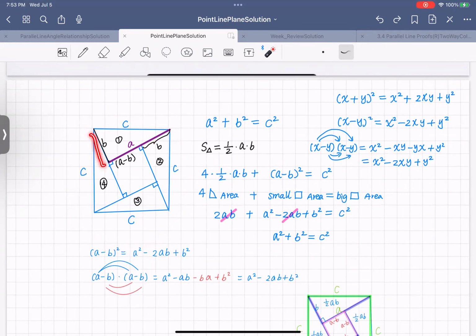You need to draw four identical right triangles chasing each other, head to tail, rotationally like this.